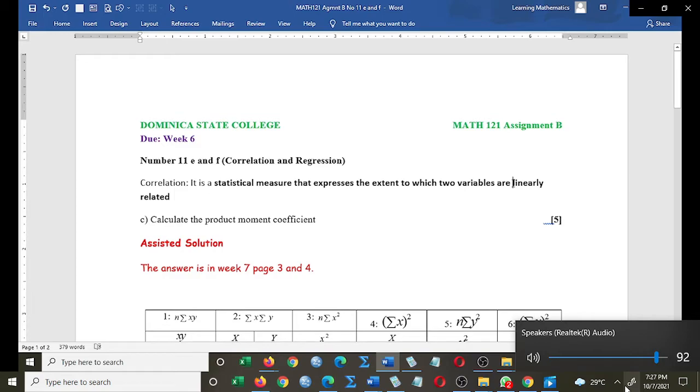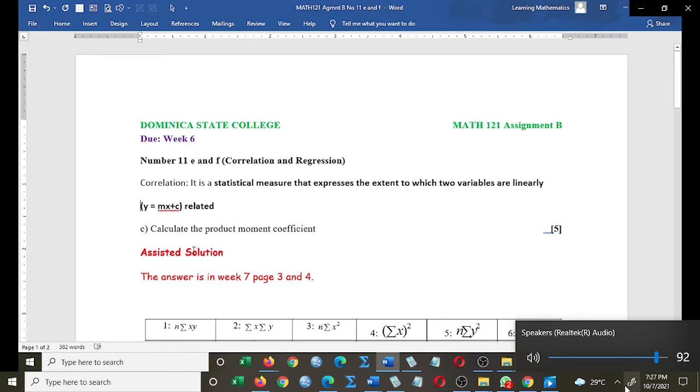If you remember from college algebra 1, coordinate geometry, the equation of a straight line is y = mx + c. In parts E and F, we are going to come across y = mx + c because of that word linearly, which comes from the word correlation.